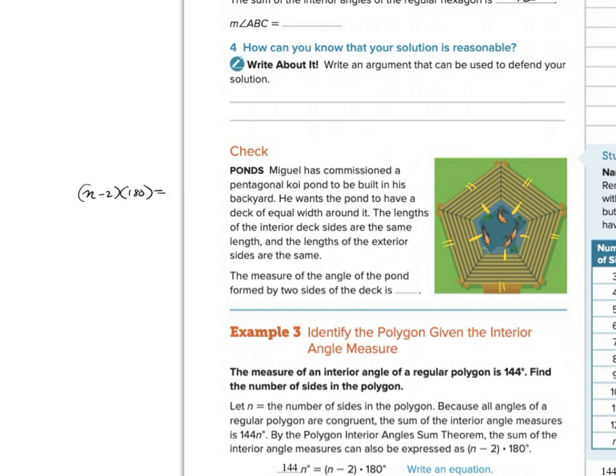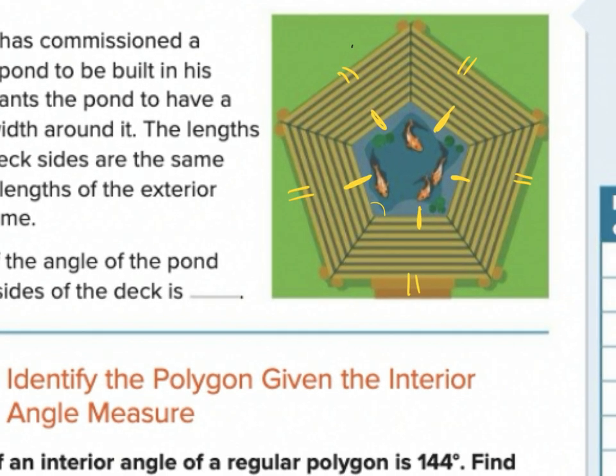That is a 5-sided object, right? A pentagon. So I have 5 minus 2 times 180, which is 3 times 180, which is 540 degrees.